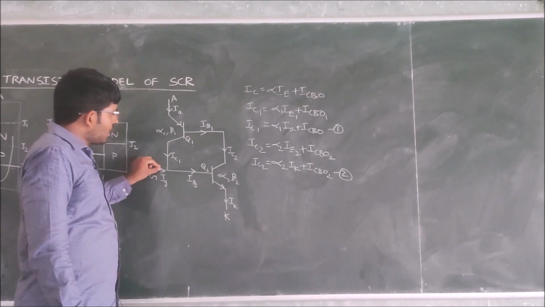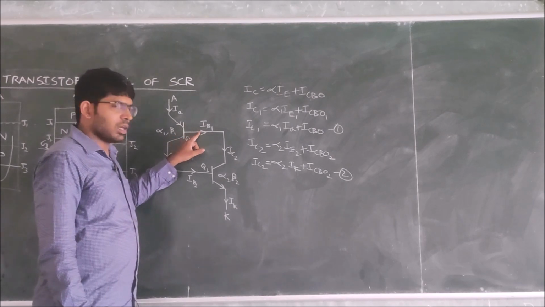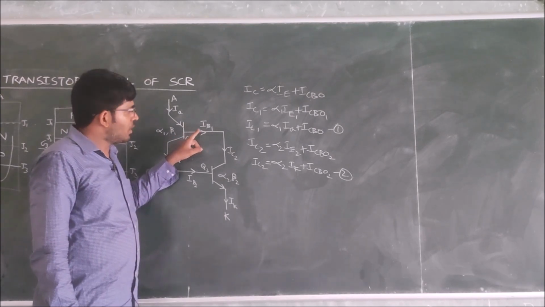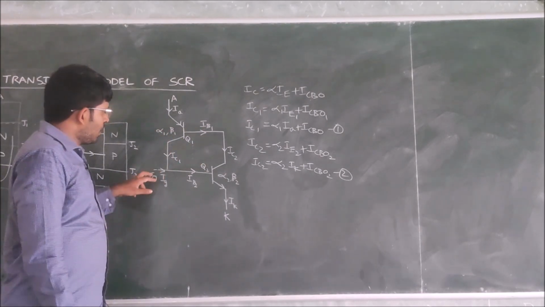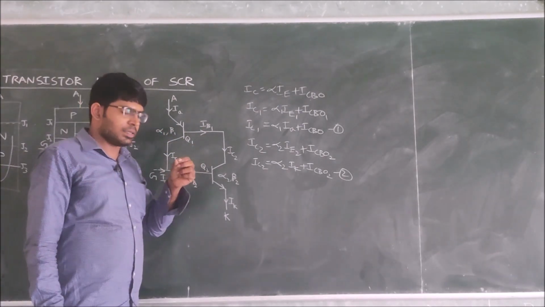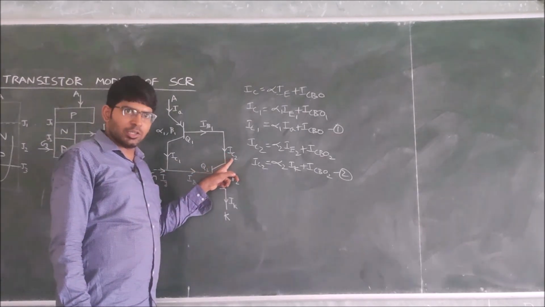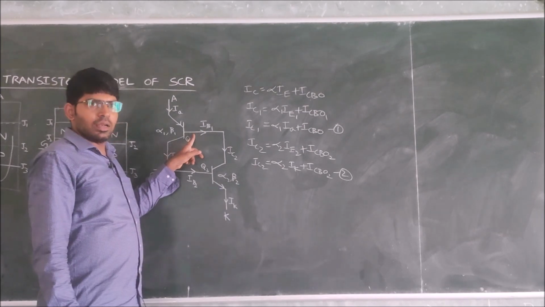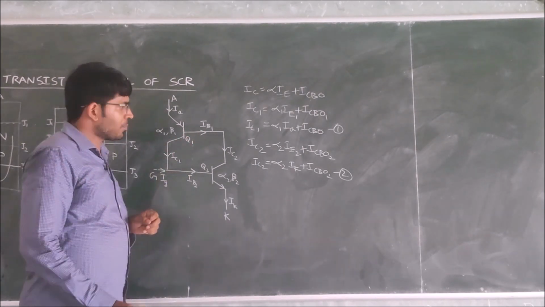Whatever small base current we observe here, this IB1 is IC2 of the second transistor. When we give a small gate current, that will enhance IC2, thereby IB1. This will keep running in a loop.